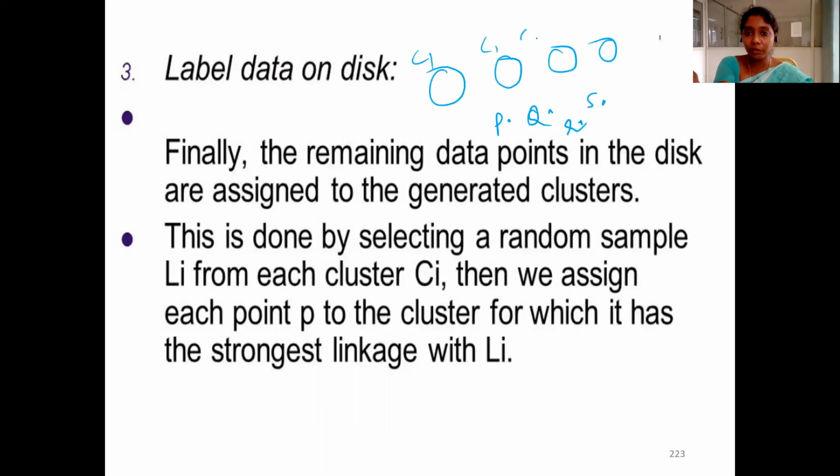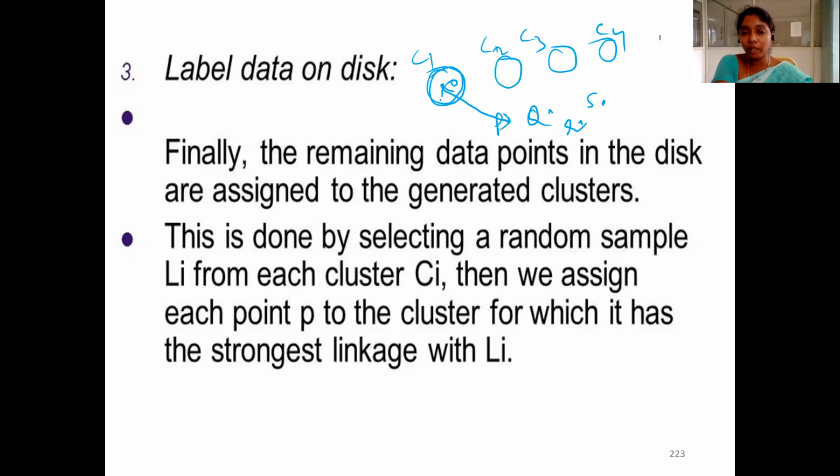Just randomly take some point in the cluster, and calculate the similarity between these 2 points.